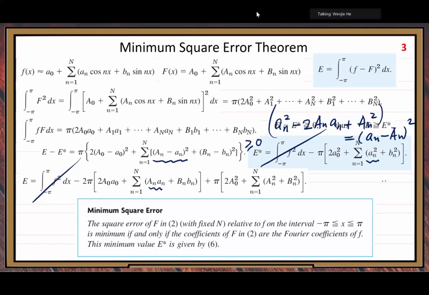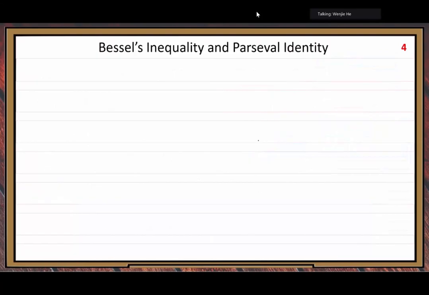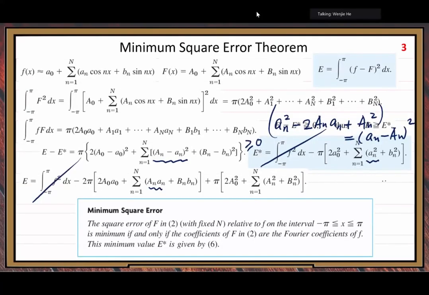The square error of f, we know the error definition, in this interval is minimum if and only if the coefficients are the Fourier coefficients. And this minimum value E star is given by the equation.